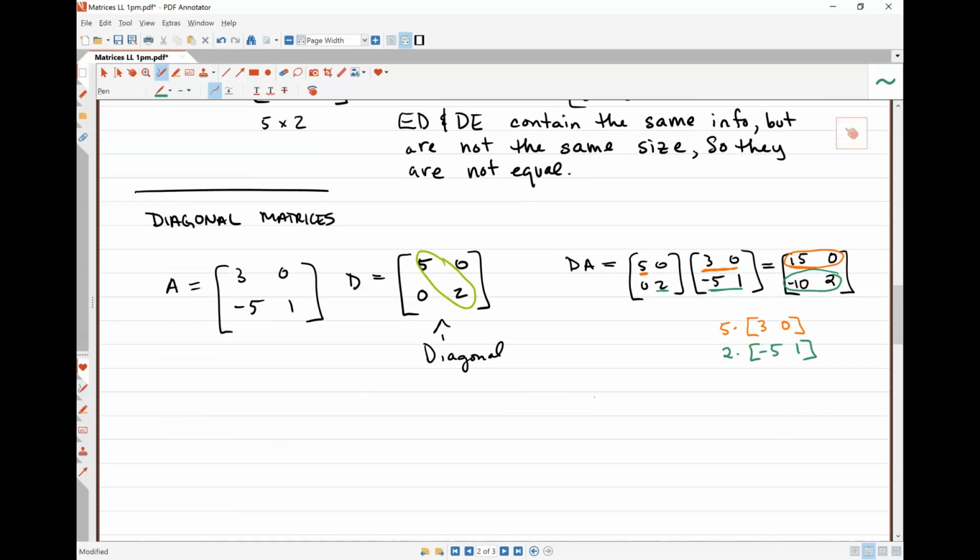So if we multiply on the left by a diagonal matrix, the net effect is that we're just multiplying the rows of the matrix by the corresponding diagonal entry.